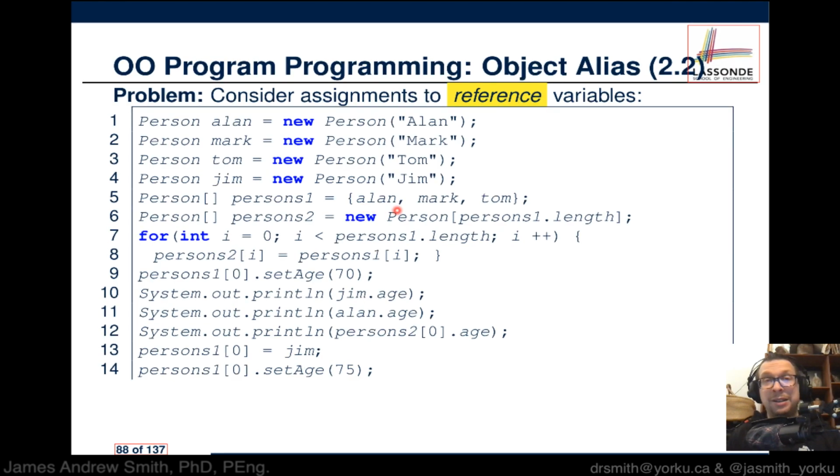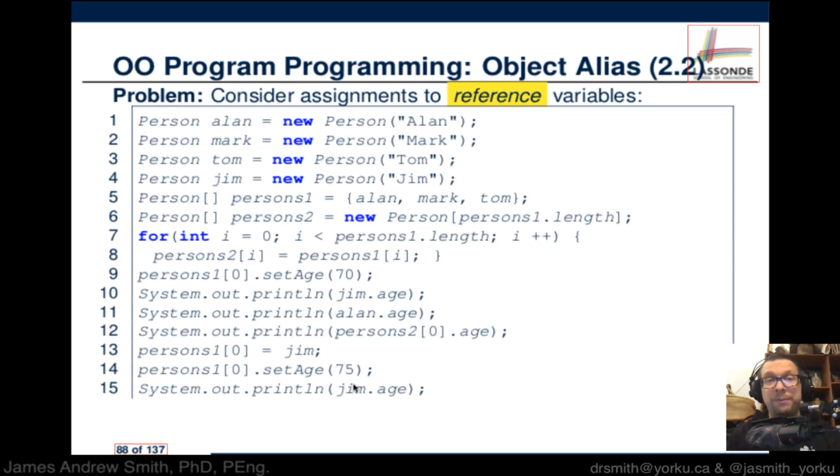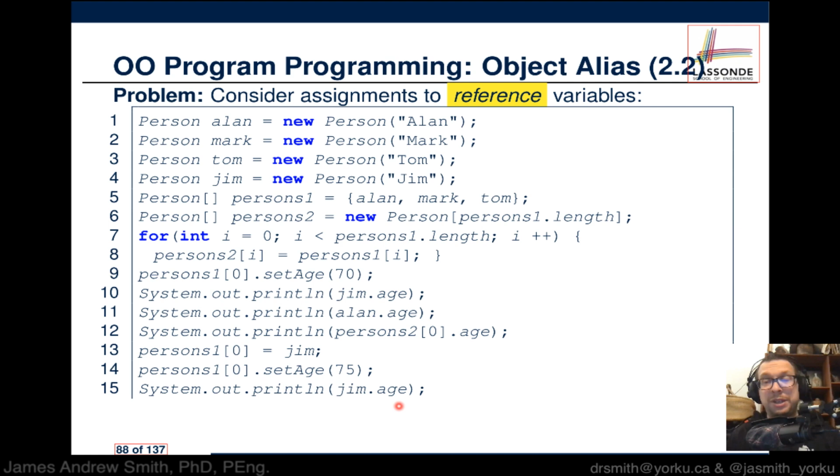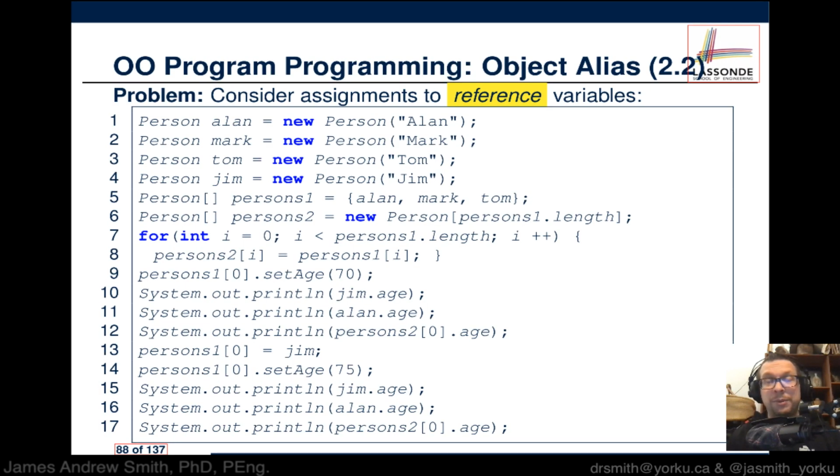Alan had an age of 70, Jim is now going to have a value of 75. We print out Jim's age, then Alan's age, and then the age for the object at position 0 in the list persons2, which should be Alan, not Jim.